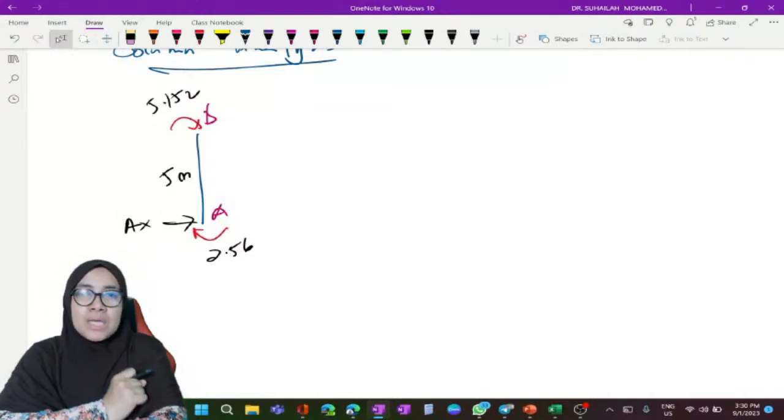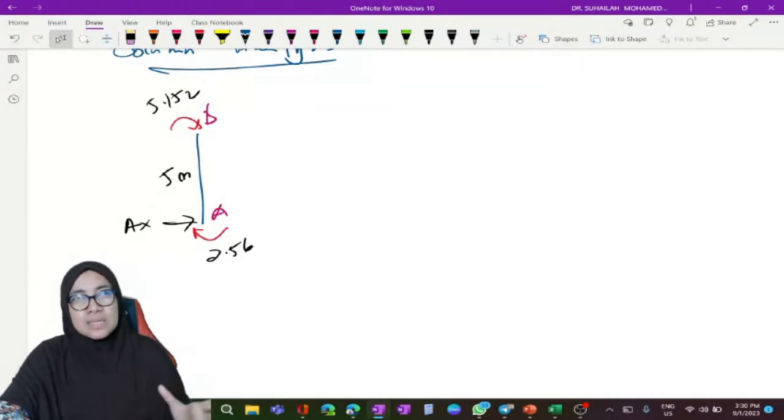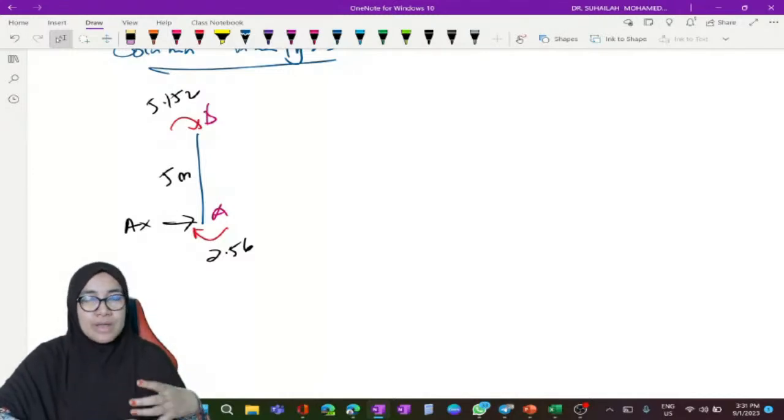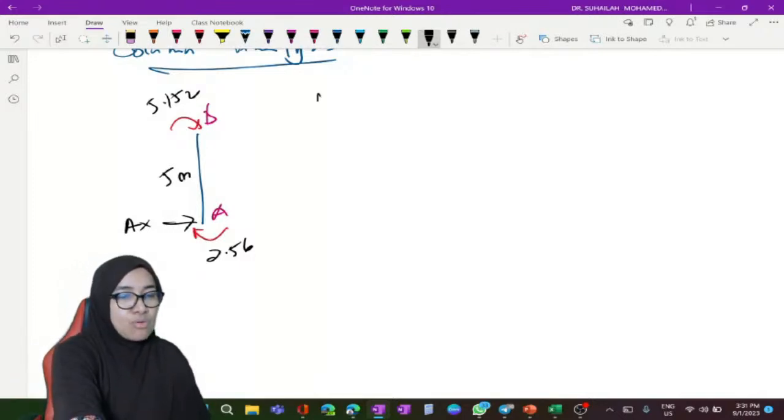Because we want to find AX, we have to take moment at B. This is just a simple calculation, the one that you have learned previously. This is a column, even though previously you learned how to calculate reactions for a simply supported beam. Actually we can apply that knowledge in the analysis of a column. We take moment at B.